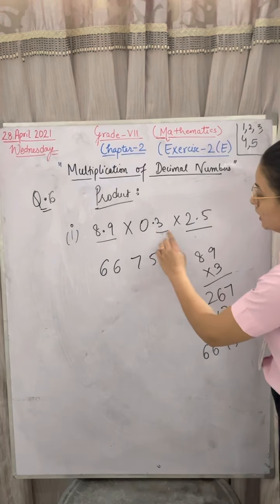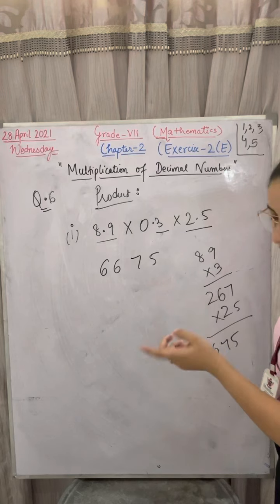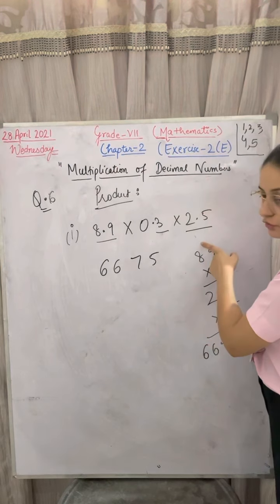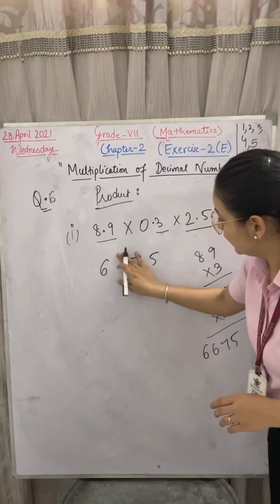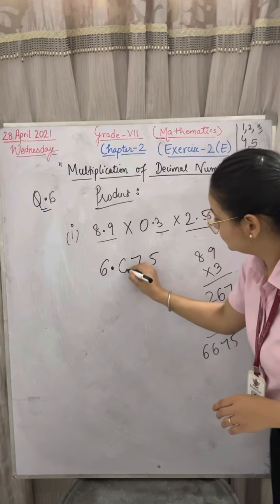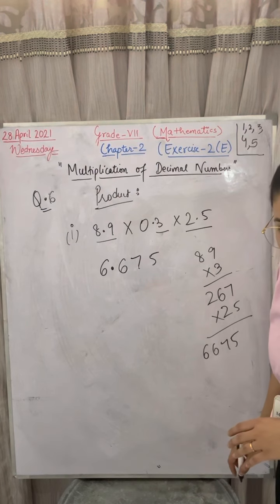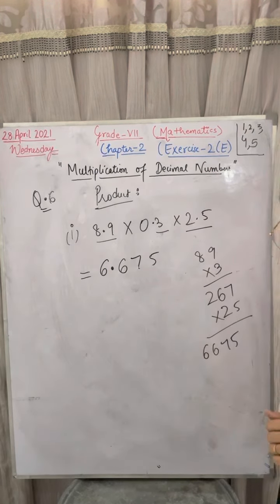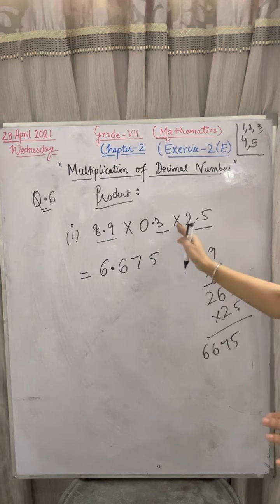Before 1 digit, before 1, before 1, so a total of 3 digits, 1, 2, 3. So here I have to place the decimal. This will be the answer. Is this method clear to everyone? You just have to multiply the numbers and at the end place the decimals.